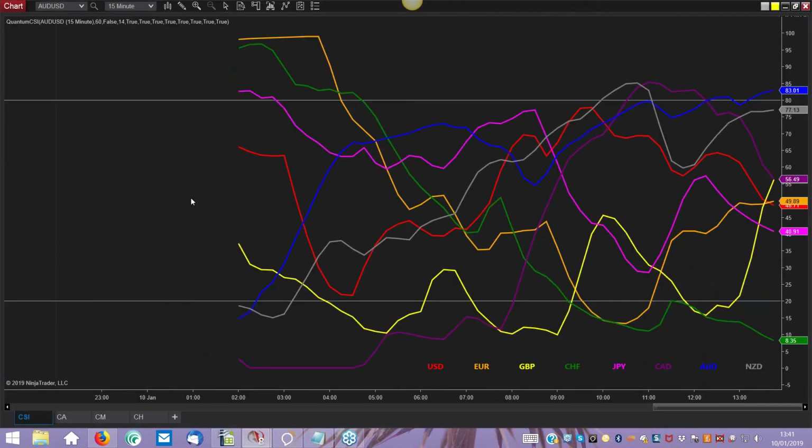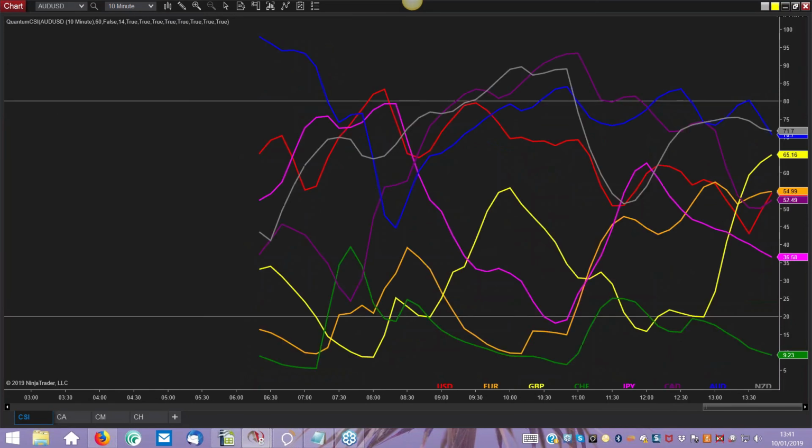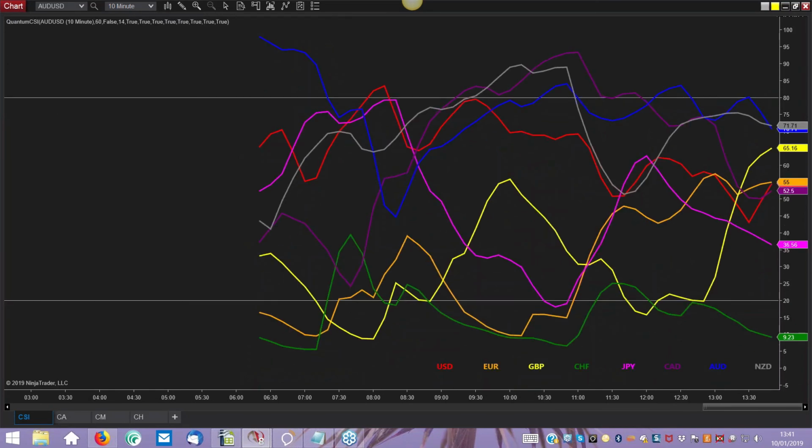Let's just go to 10 minutes, see what's happening on the 10 minute. The Aussie is moving, but it's not moving as quickly as you would expect. For this to develop into a really nice position, you really want to see this moving quite strongly.